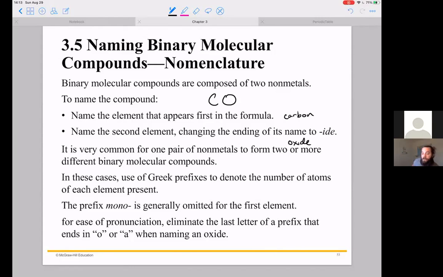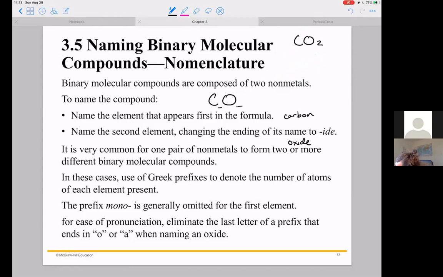Okay. The other thing that we have to do is specify within our name the ratios, right? Because again, those aren't something that's set just by looking at these. Both CO exists as well as CO2. And so we're going to indicate in the name those proportions.